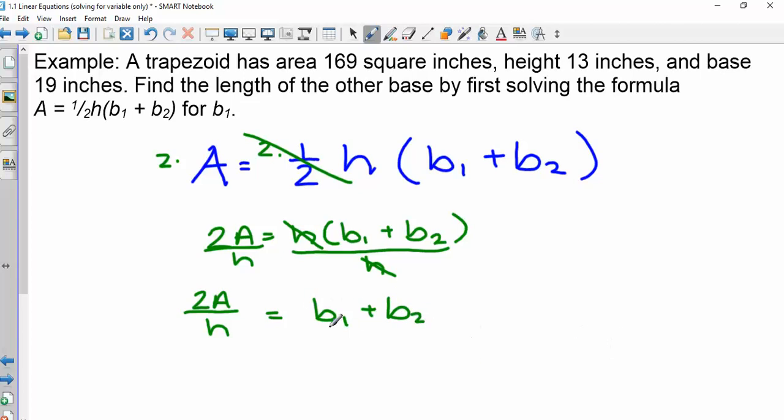Okay. So now if I want the b sub 1 by itself, what do we do? Subtract b sub 2. Does it confuse anybody if I flip the sides of my equal sign when I write it down here?